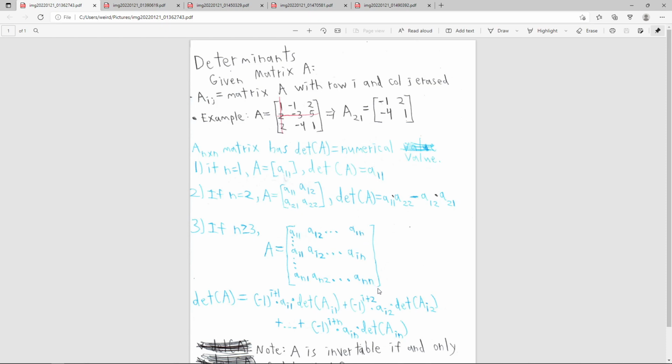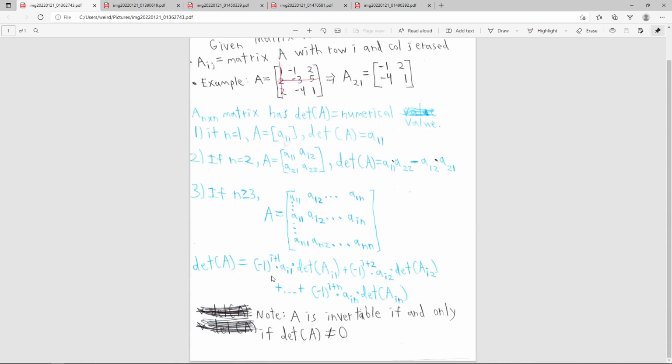It goes to n, and it's i1, i2. i is a row. A11, A12, and then down below, Ai1, Ai2, and then eventually Ain. Now the i is just a random row, like usual. That's generally how it's done.